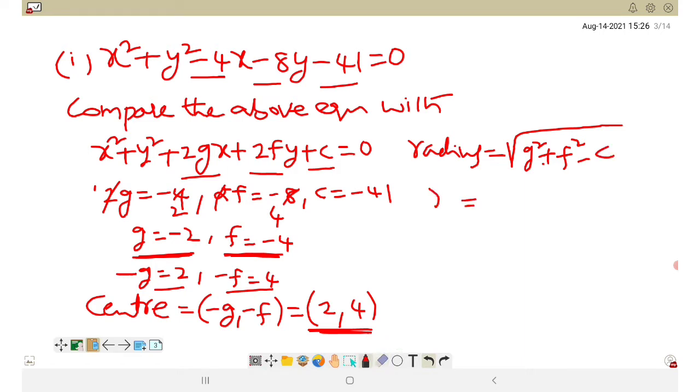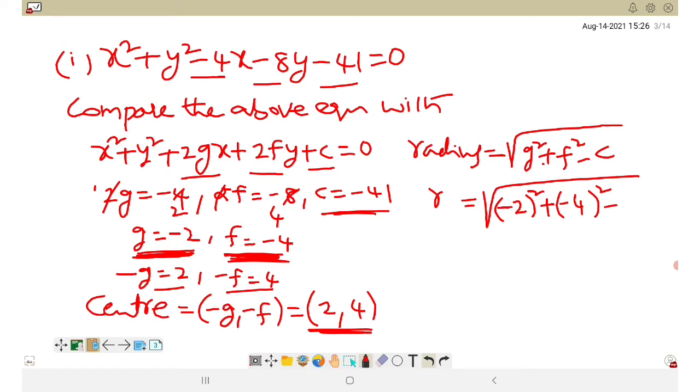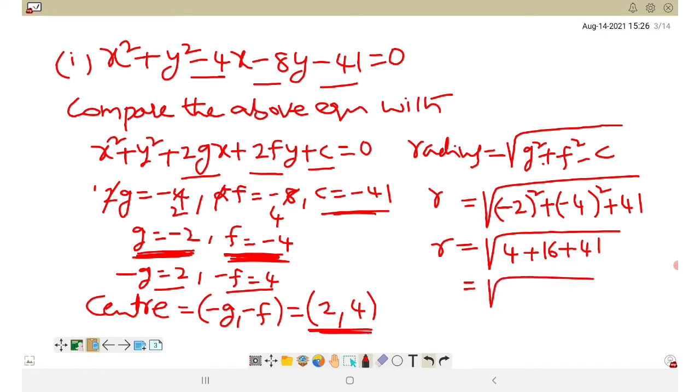So radius r is equal to square root of g equals minus 2 whole square plus f equals minus 4 whole square, and c is equal to minus 41. So minus minus plus 41: r is equal to square root of minus 2 whole square 4, plus minus 4 whole square 16, plus 41. So square root of 4 plus 16 is 20, plus 41 is 61. Radius of the given circle is equal to root 61.